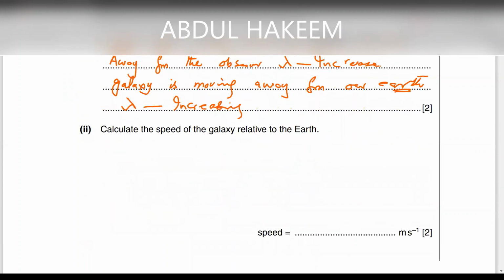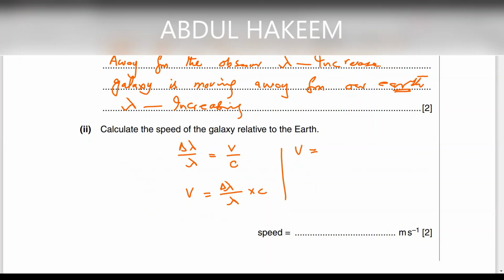Next, calculate the speed of the galaxy relative to the Earth. So the formula is change in lambda over lambda is equal to change of speed over speed of light. We can write v is equal to delta lambda over lambda times c.